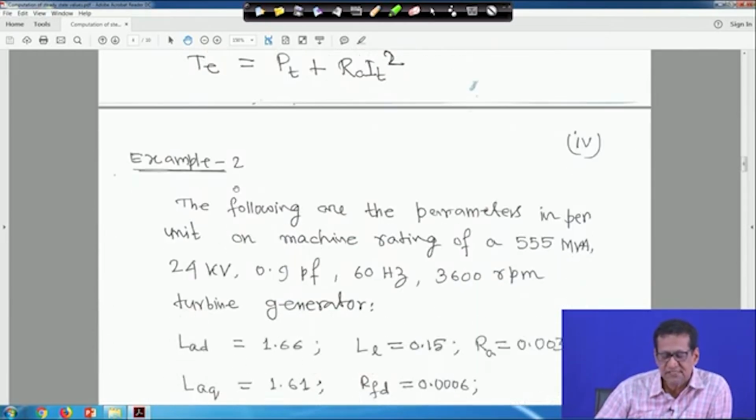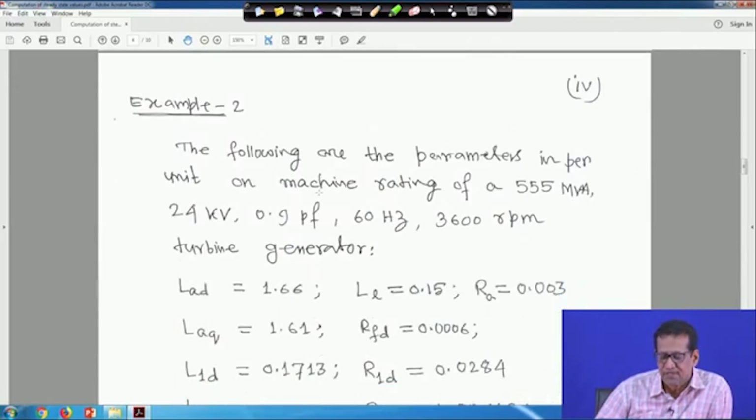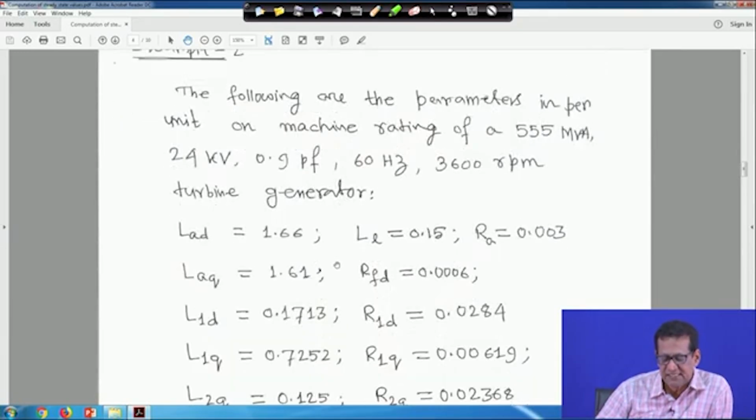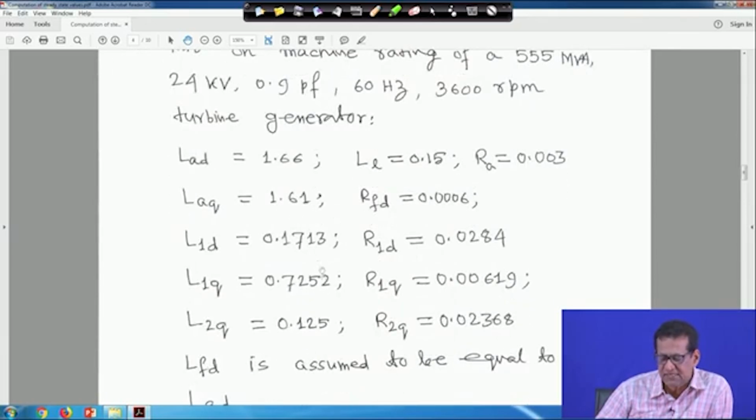Now, this is example 2. The following are the parameters in per unit on machine rating of a 555 MVA, 24 kV, 0.9 power factor, 60 Hz, 3600 RPM turbine generator. All these parameters are given in per unit, so I did not write PU every place; it is understandable that it is in per unit. LAD is given 1.66, LL is given 0.15, RA 0.003, all are in per unit.